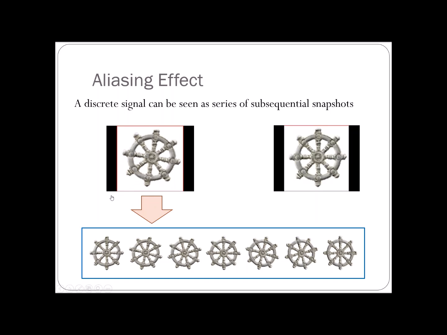But now, okay, let's take a look again at this series of pictures that I took frame by frame of this video. Now, what I'm going to do is reconstruct the animation again using these pictures, but I will skip one frame at every snapshot.